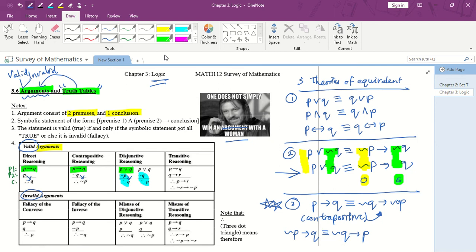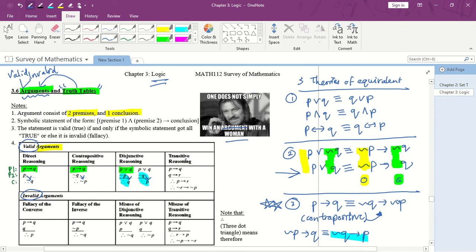Now you realize that it is exactly the same as the second one: negation Q arrow to P. So it's basically the same thing. You can just negate and do the contrapositive and you can get the answer.